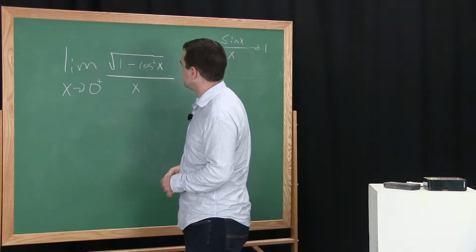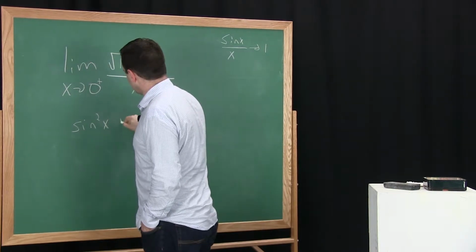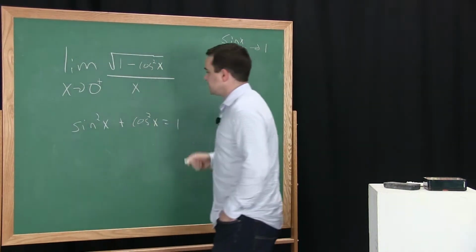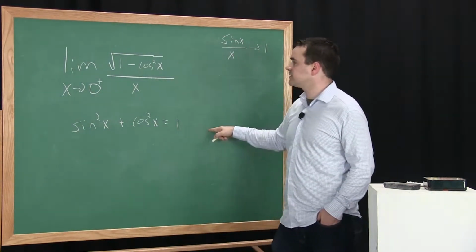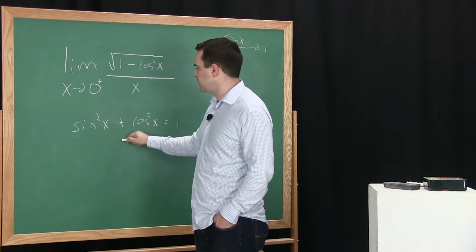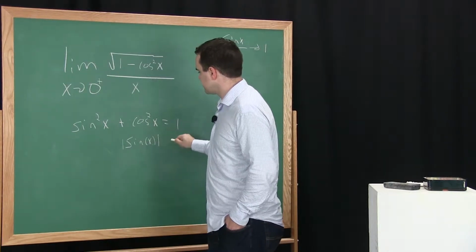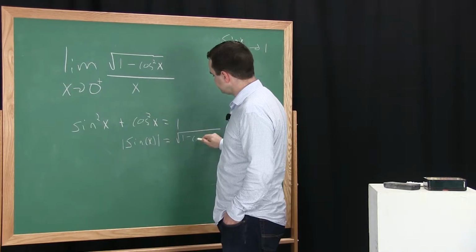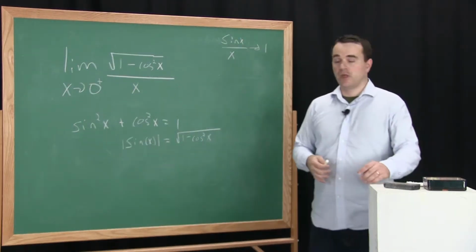Here, this comes to us from a trig identity. If you remember that sine squared of x plus cosine squared of x equals 1, then you get that sine squared equals 1 minus cosine squared, which is going to tell you, taking square roots of both sides, that the absolute value of sine of x is equal to the square root of 1 minus cosine squared of x.